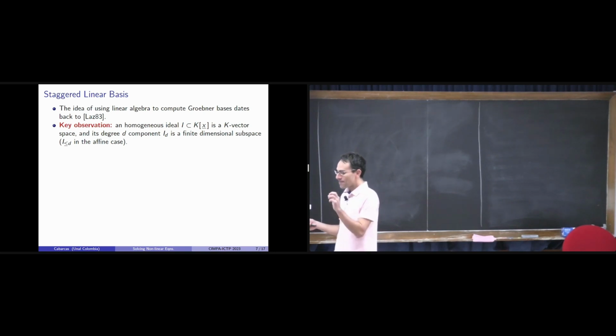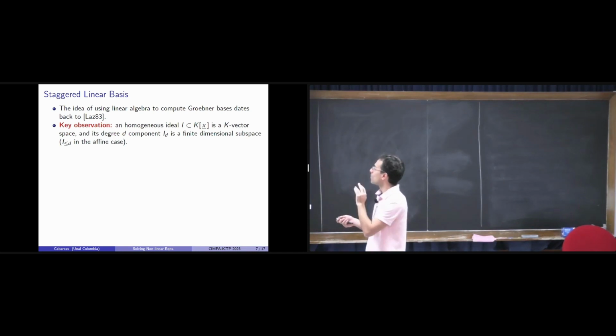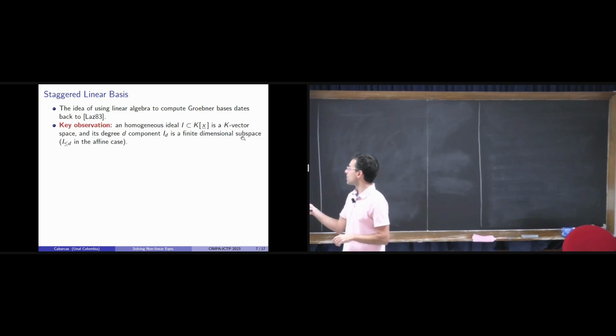And that is the polynomials in the ideal of degree exactly D. The polynomials in the ideal of degree exactly D are a finite dimensional subspace of that larger vector space.